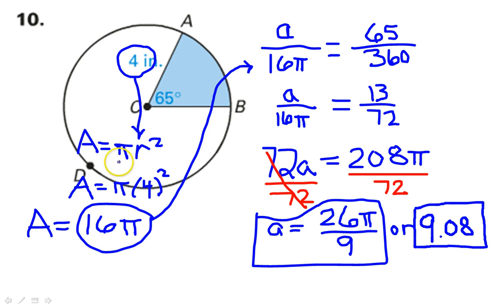I'm doing pi r squared, so if the radius is 4, 4 squared is 16. Then we reduce this fraction and cross multiply: 72a, and 16 times 13 was 208. Don't get into the habit of not getting the decimal until the last step. You should see this on your paper.